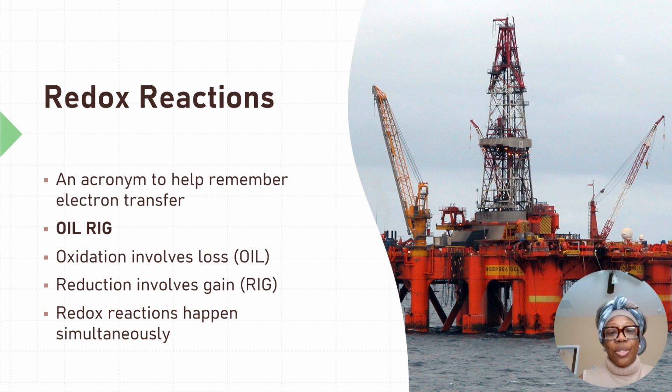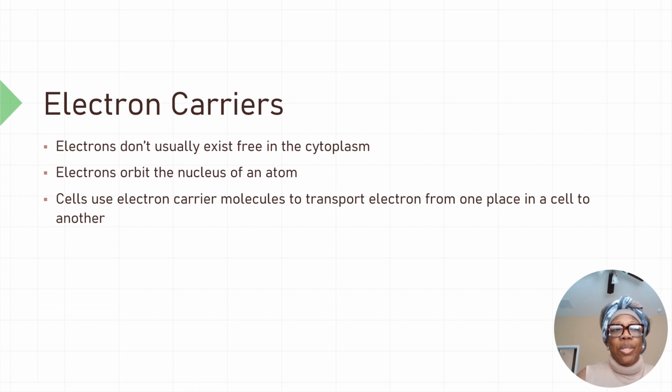So redox reactions happen simultaneously with an electron donor and an electron acceptor. Just remember that acronym OIL to help you remember the flow of electrons from donor to acceptor. Now, again, when we spoke of atoms, we talked about atoms having subatomic particles: protons, which are positively charged, electrons, which are negatively charged, and neutrons, which are neutral.